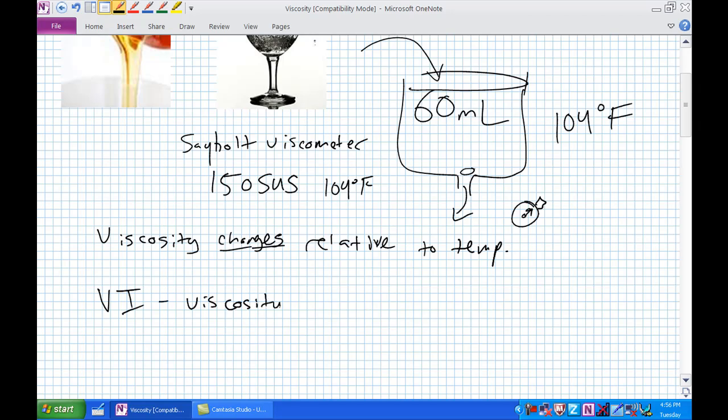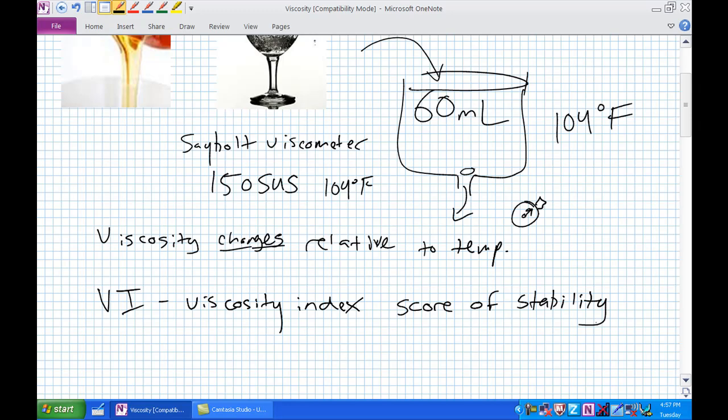Viscosity index. And the way I like to describe the viscosity index, it's a score of stability. So just like you take an RIT 120, you hope that you get 100 on the exam, and not a 0.